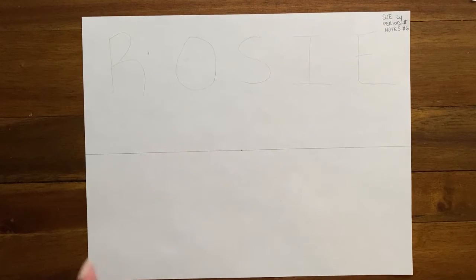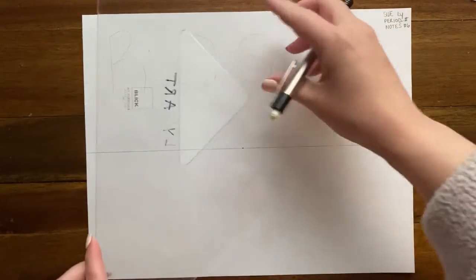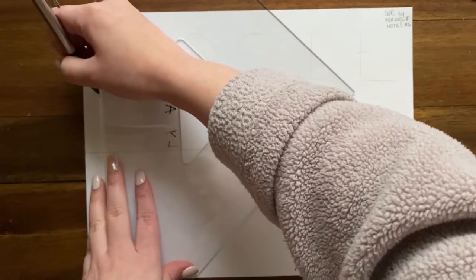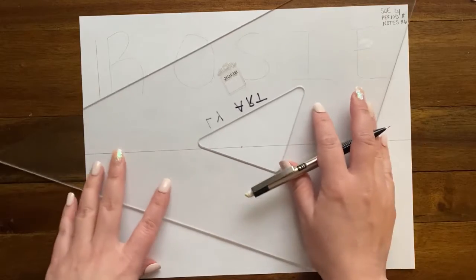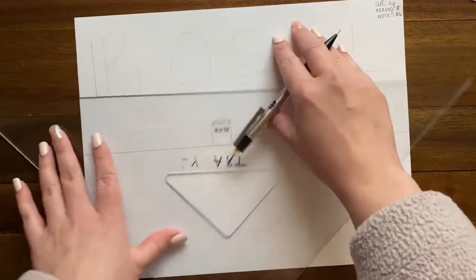So Rosie right there. Now going back to the irregular shapes, this is pretty much what we're going to be doing. So we're going to take the triangle and we're just going to go all the way around your shape just using different angles. And you can get really fun and funky with it. And these little skeletons are just a guide for your drawing.